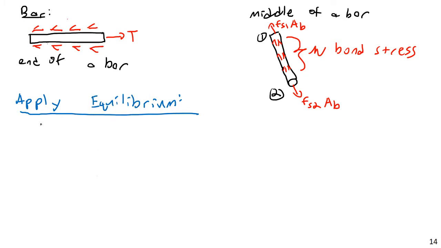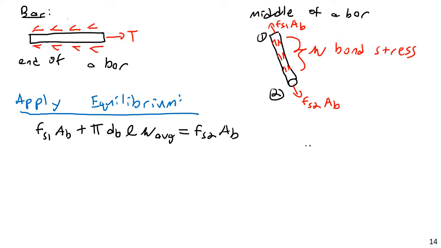I would have fs1, that's the stress on end 1, fs1 times the area of the bar, plus the bond stress, and I'm going to multiply by the outer area of a cylinder: pi times the diameter of the bar, so that's the circumference, multiplied by the length, which gives me the outer surface area of the cylinder, and then times my mu average. And then this would have to equal fs2 times AB.